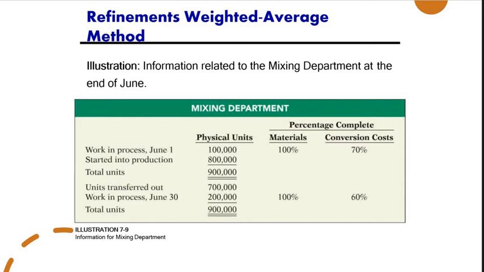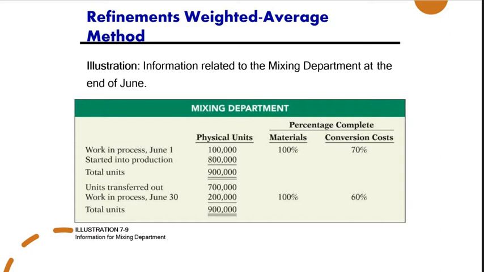okay, so look at the informations. Now, using the mixing department information to determine the equivalent cost, in computing such, itong equivalent units natin, the beginning working process is not part of the equivalent units of production formula. Tandaan nyo yun, ha?